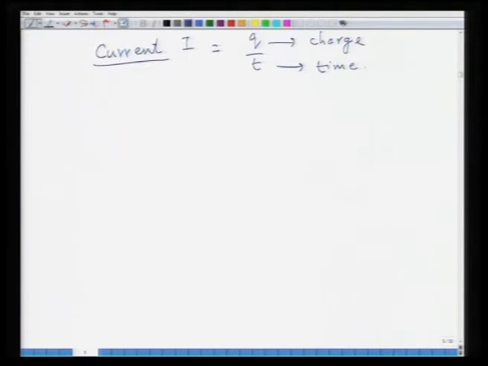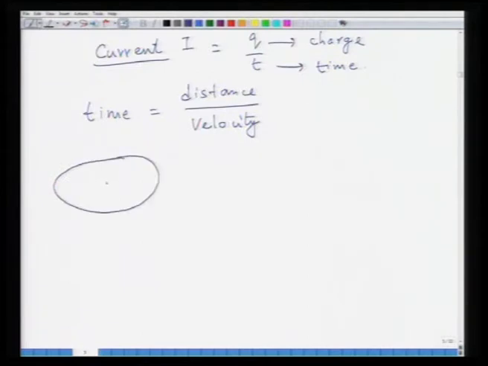What is the quantity that you can express in other parameters? The only quantity that you can express in other parameters is time. Time is nothing but distance by velocity, and if you know that your orbit is of radius r and your electron is moving, let us say that way, or that way, it does not matter, only the field direction will change.